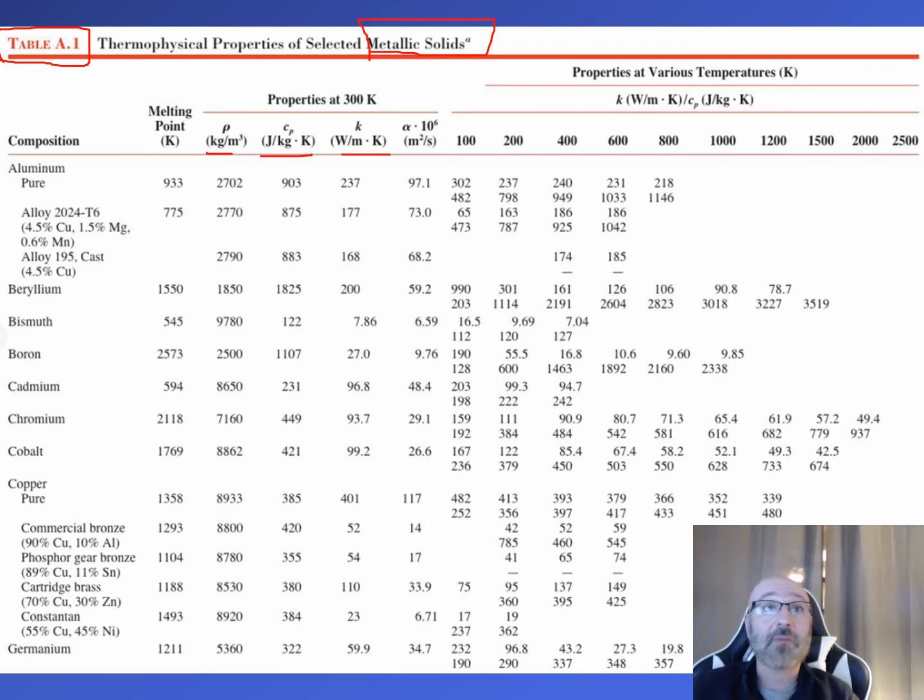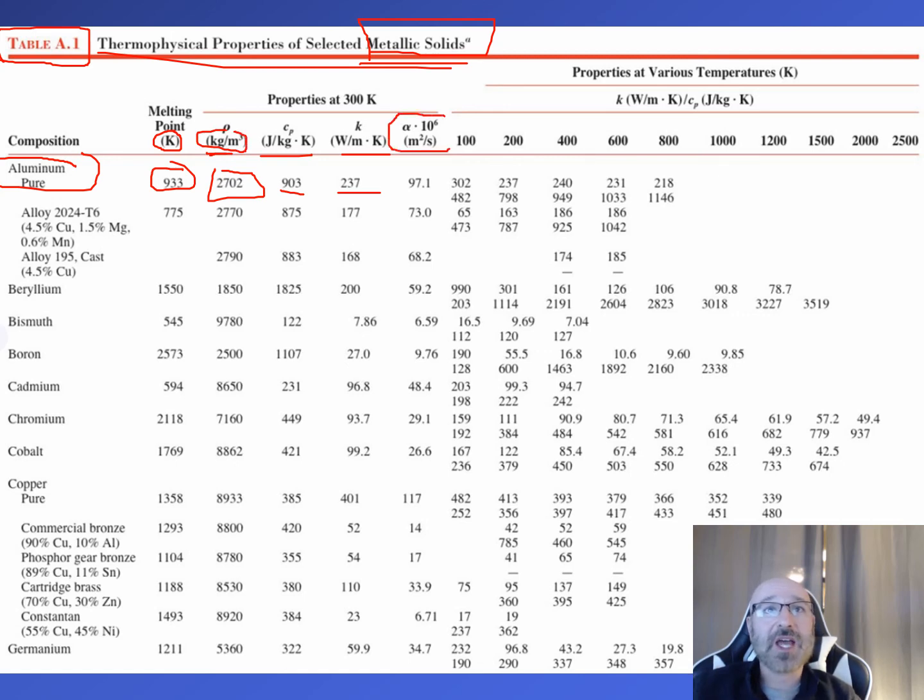So with this one, if we're dealing with a metallic solid, we can look up all of the thermophysical properties right here. Let's just say we were dealing with pure aluminum at the top. Well, we see our melting point is given to us here, our density, specific heat, and our thermal conductivity. And the thing to note here is to double check your units: kelvin, kilograms per meter cubed. And over here when we get to our alpha term, this is times 10 to the 6.